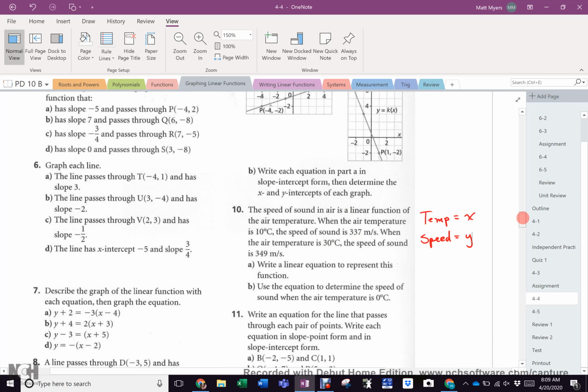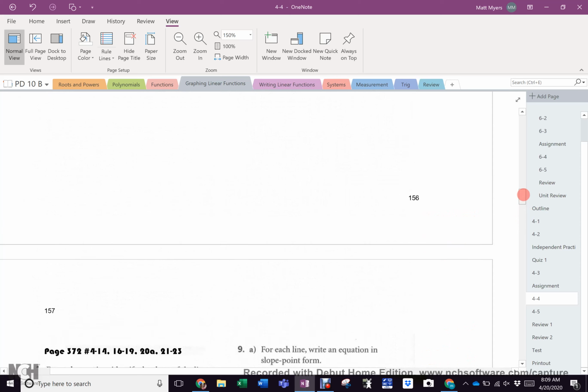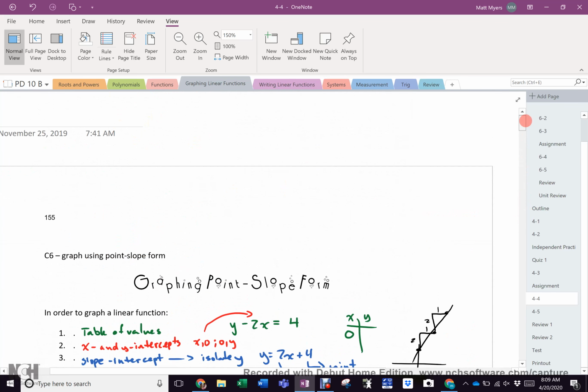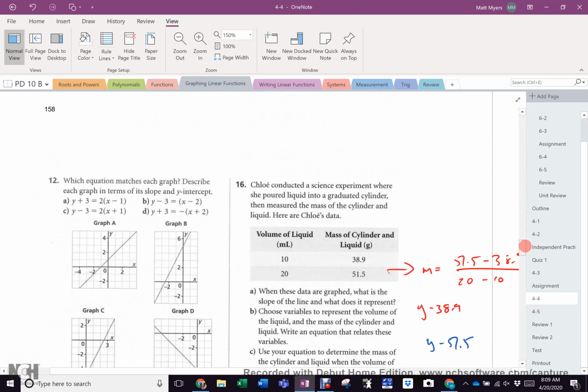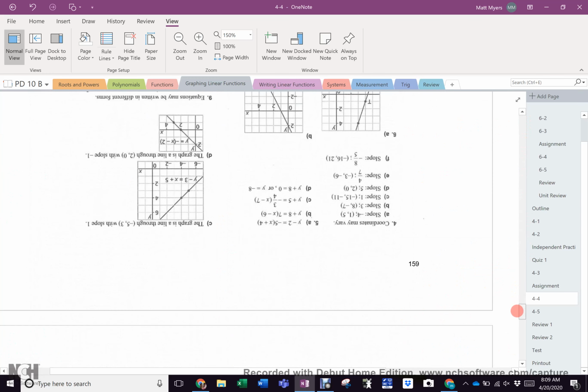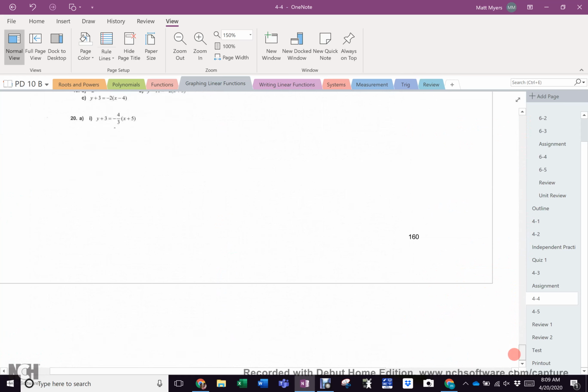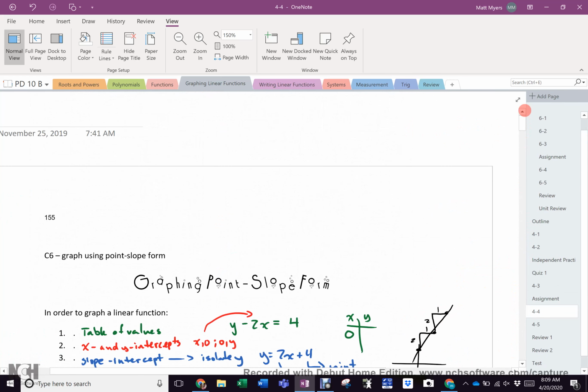Okay, so again, this is page 155 to 160. So for PD 10, it's pages 155 to 160.